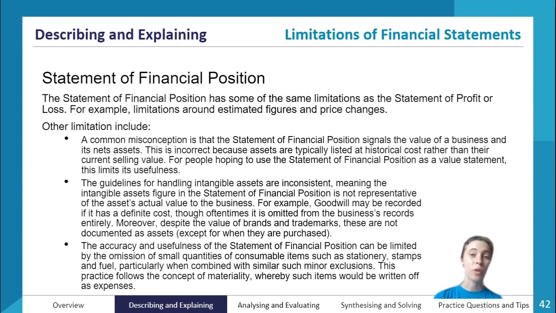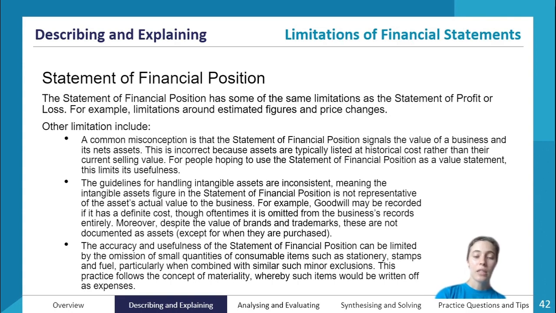So for example, if you purchased a building 10 years ago, then it is listed at that price that you paid for it all that time ago. But with the property market, it's probably gone up in value, but that is not reflected on the statement necessarily. So for anyone who's hoping to use the statement as a value statement, it's actually got limited usefulness in terms of that.